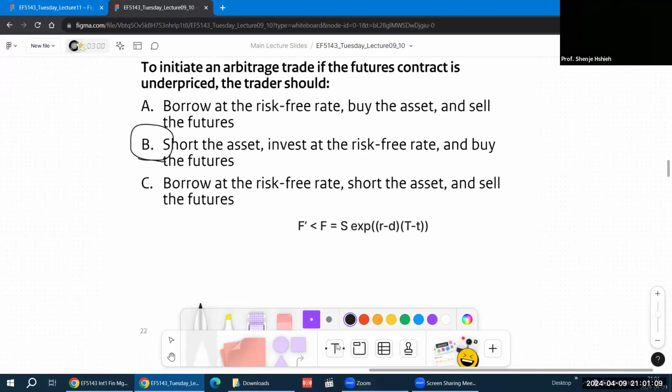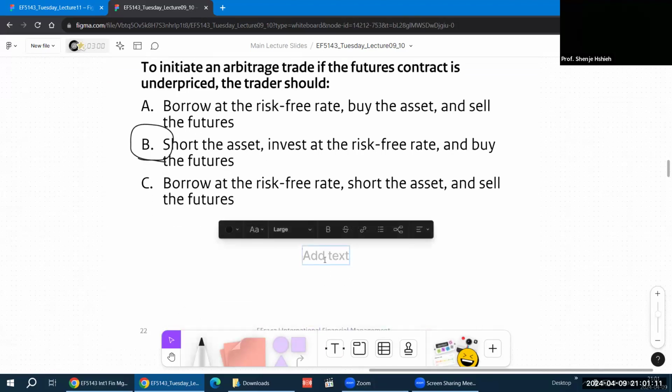So maybe it becomes clearer if I rewrite everything in terms of UIP. So maybe I write E times (1 plus R) over (1 plus R star), right? I'll move this over to the other side, and I can move the E onto the other side too.